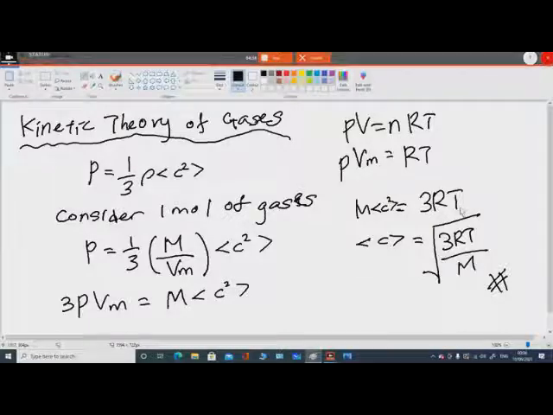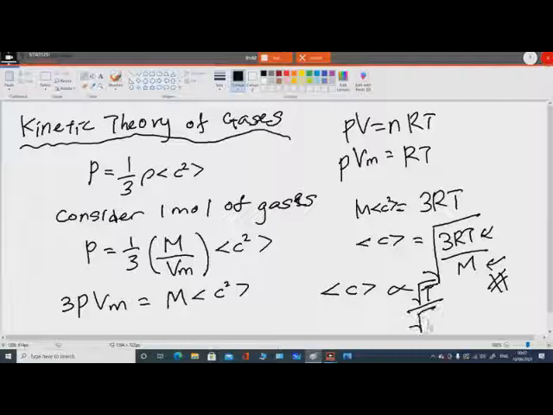How about the relation between the root mean square speed, the temperature, and the molar mass of the gas? The root mean square speed is directly proportional to the square root of the temperature, and at the same time inversely proportional to the square root of the molar mass of the gas.